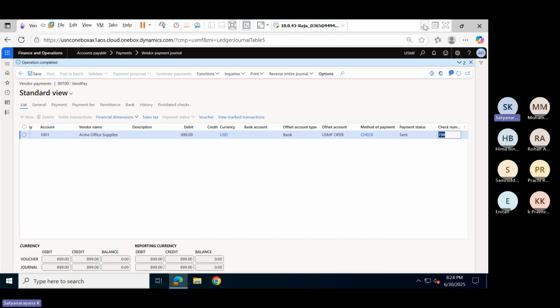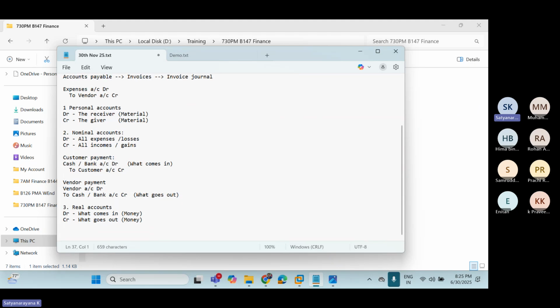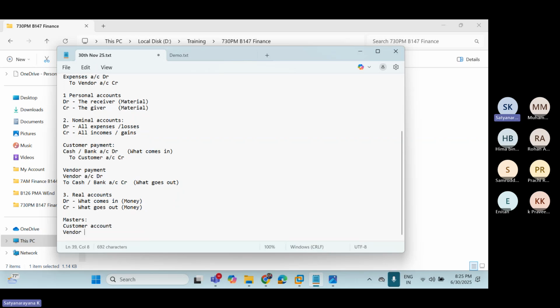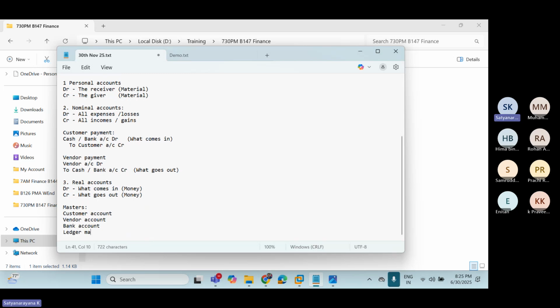Now we understood transactions, and I told you about masters. What are the masters? Customer account is a master. Vendor account is a master. Bank account is a master. Ledger account: in India it is called ledger account, but in the system it is called main account.